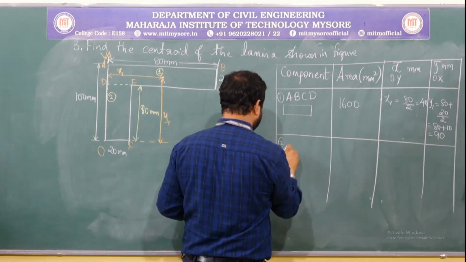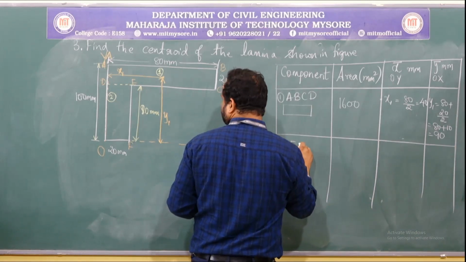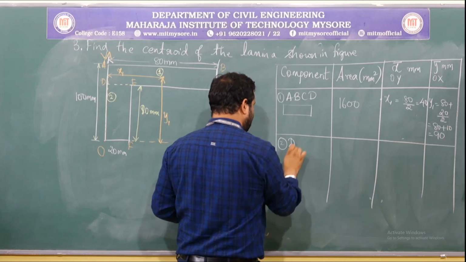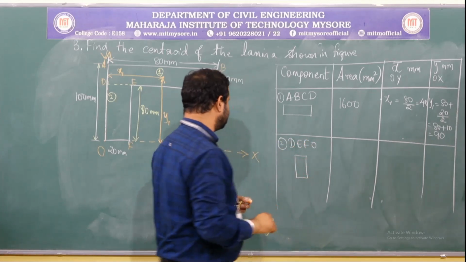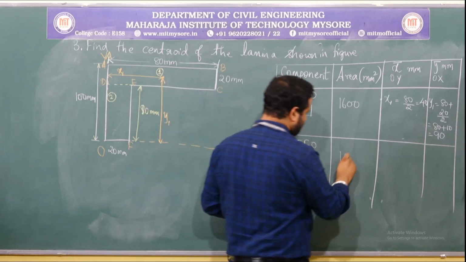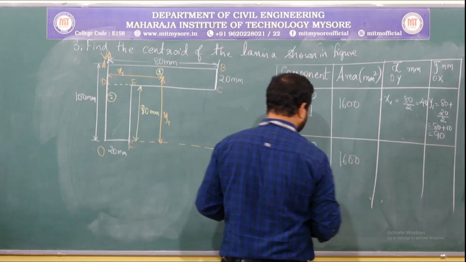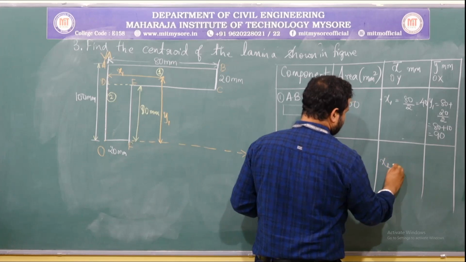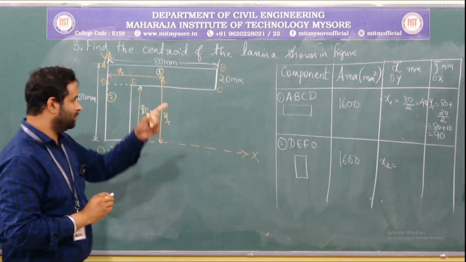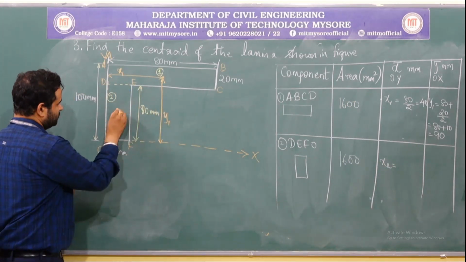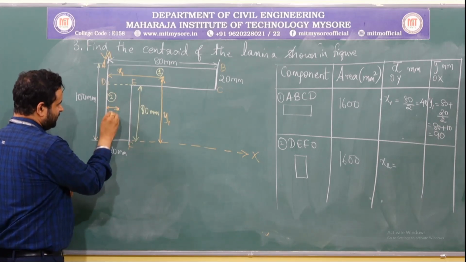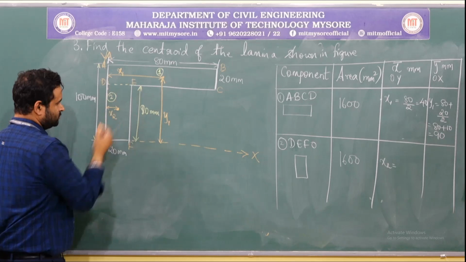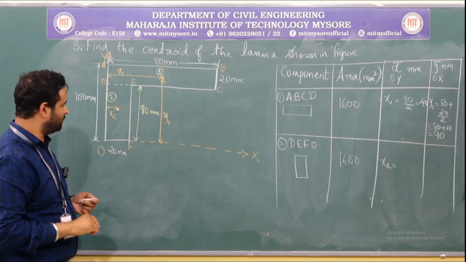Second component is DEFO. The orientation is like this, and its area is already calculated, 1600. Now coming to its x2 value, x2 should be measured from OY axis. So x2, from this axis measure the centroidal distance x2 for the second component.